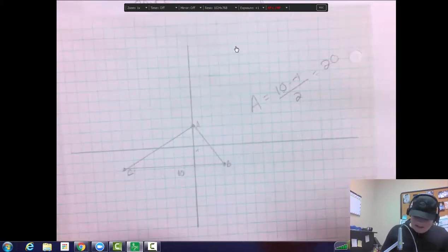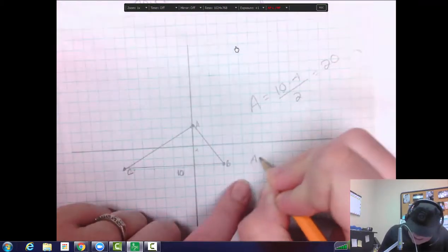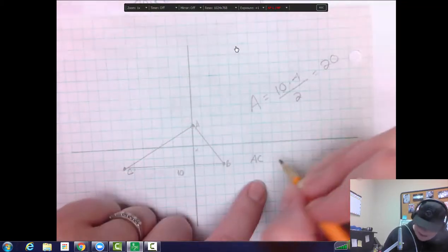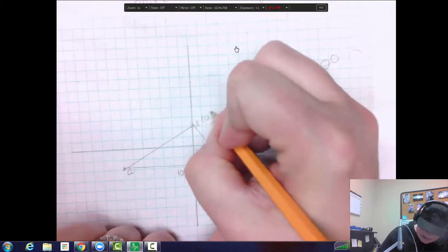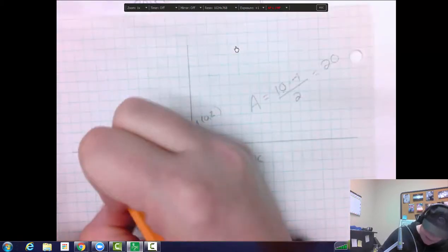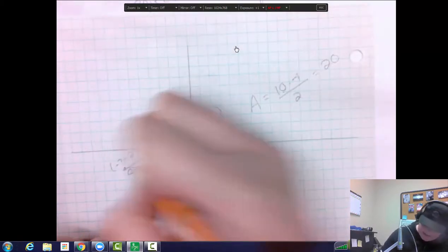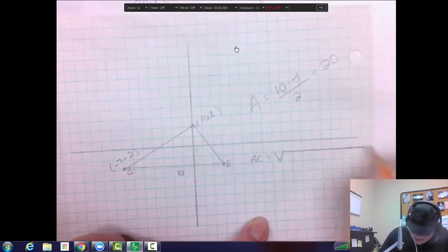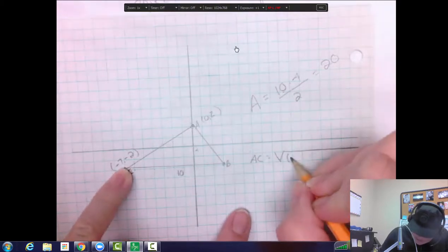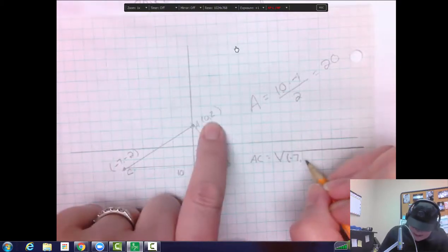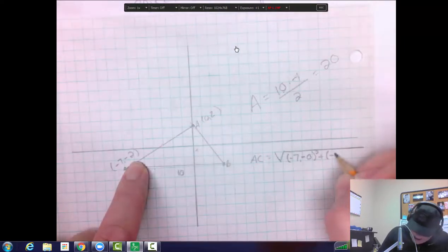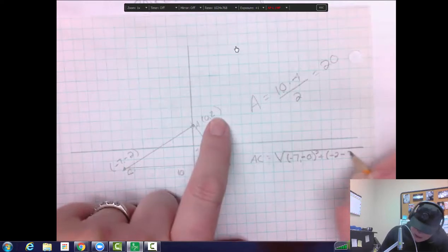Okay, so let's find the side AC. We know A is the point 0, 2, and we know C was the point -7, -2. Let's use those with our distance formula. So we would say, X minus X squared plus Y minus Y squared.